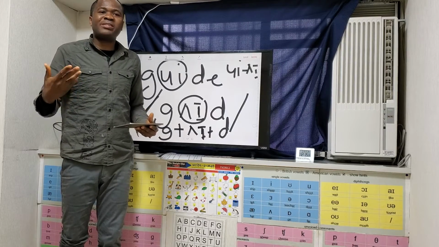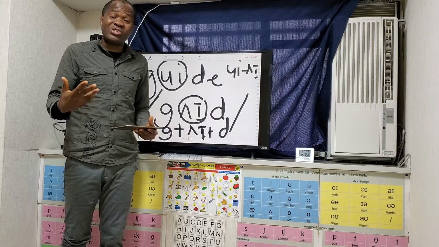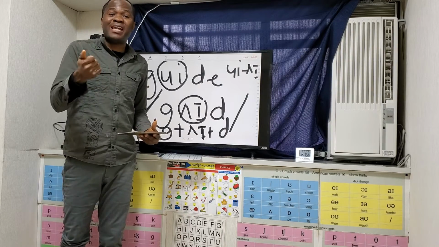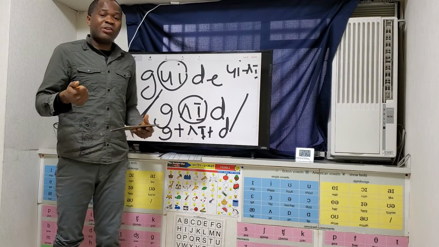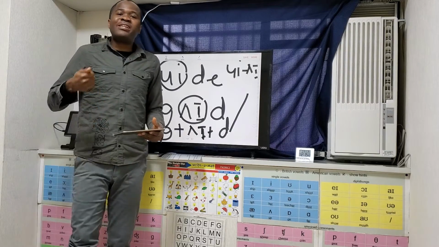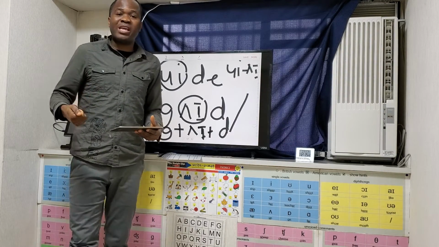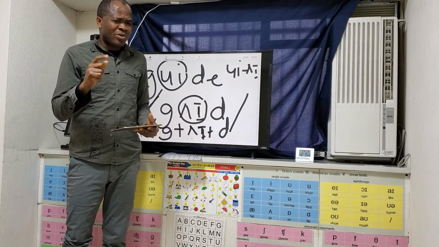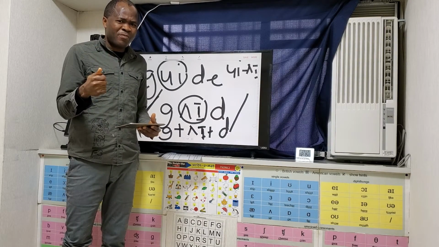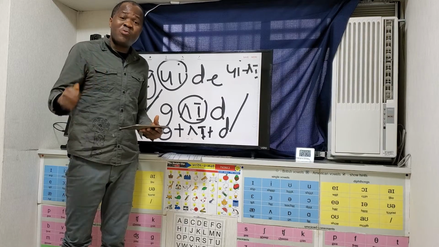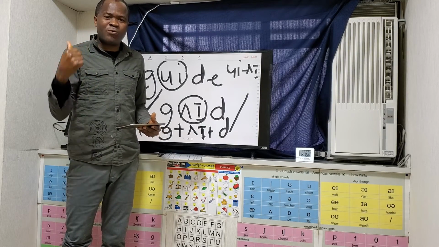When we use symbols or letters to represent a sound in a word, we say phonemes. But when we use letters and symbols to represent a word, that is a grapheme. Get the meaning very well. To represent a word is grapheme, but to use letters to represent a sound in a word is phonemes.